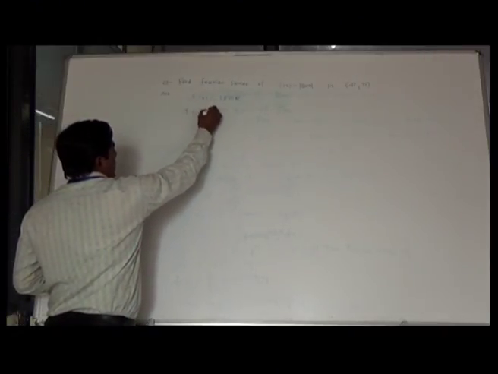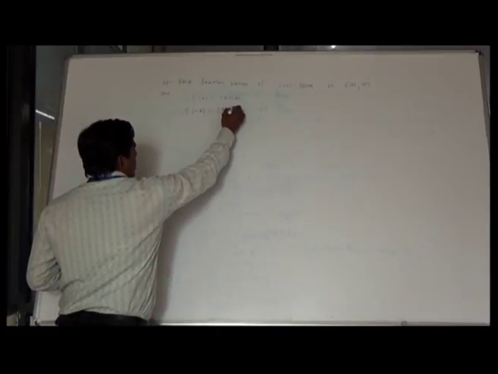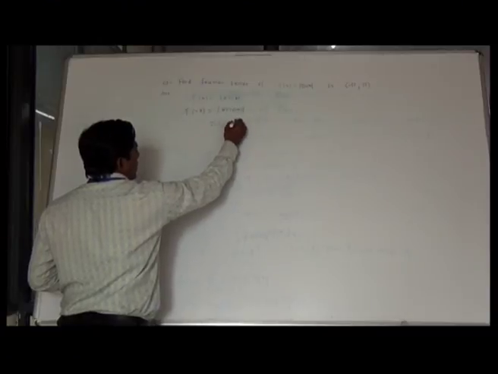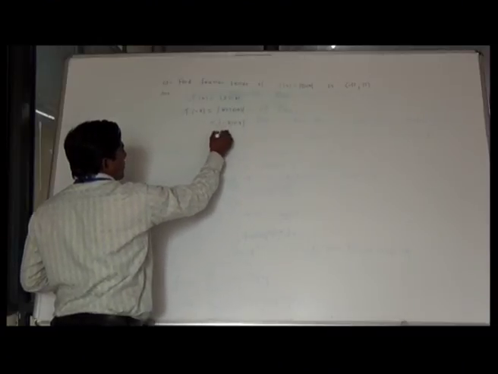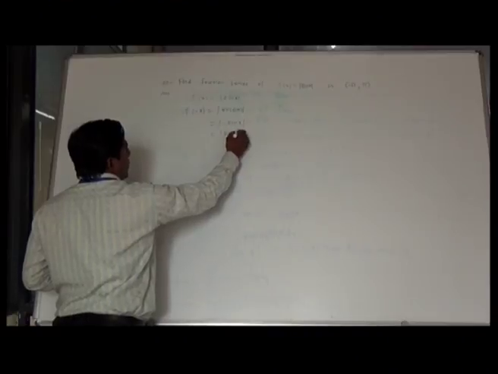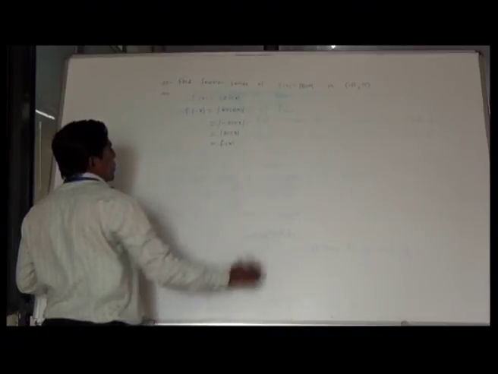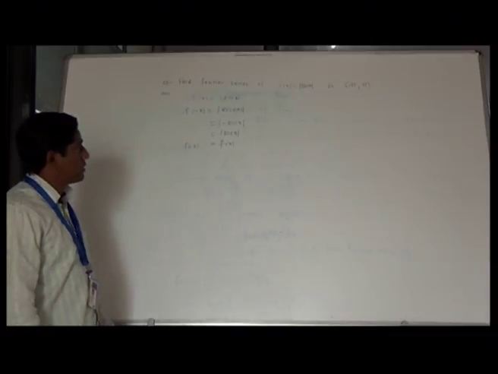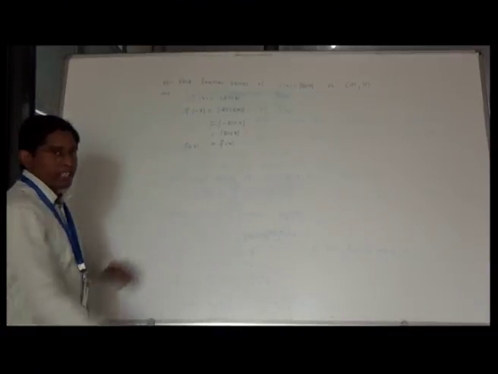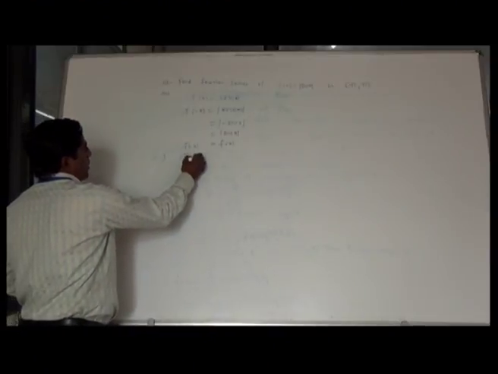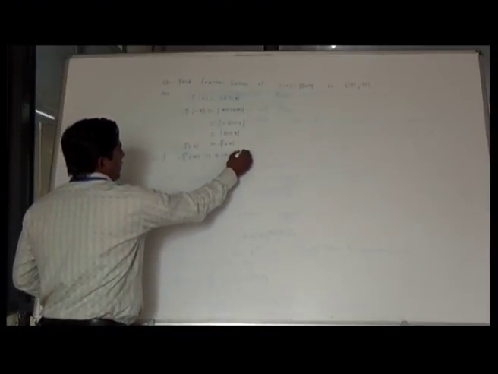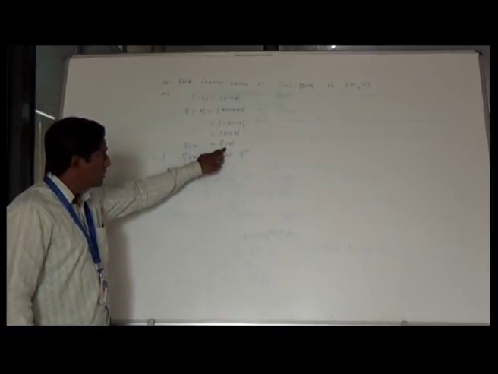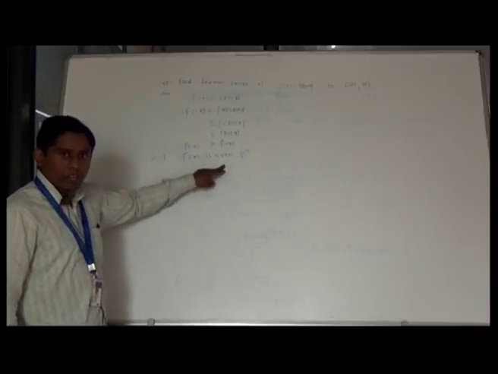Replacing x by minus x, it is mod of sin of minus x. Sin of minus theta is minus sin theta, and mod of minus sin x is mod of sin x, and it is the same as f of x. So here f of minus x is equal to f of x, which implies that f of x is an even function.